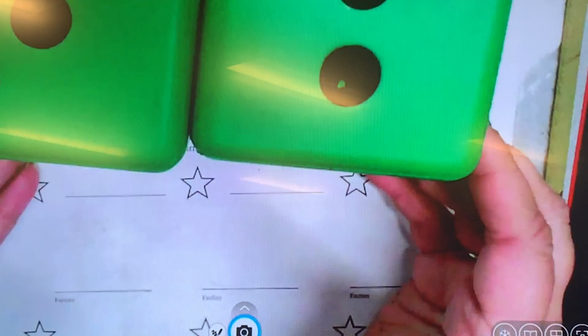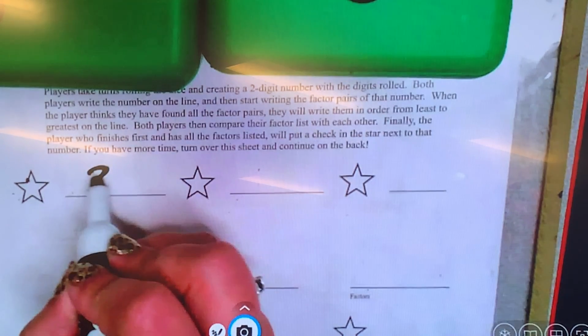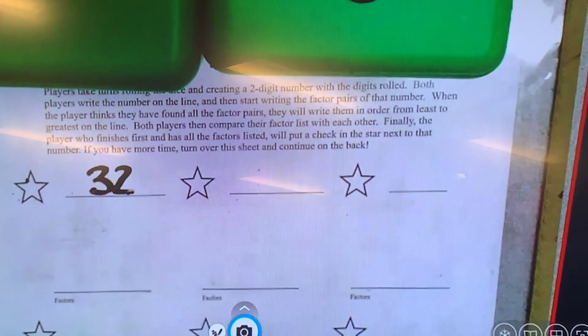So I am going to write 32 on this line, and then I'm going to list out my factors of 32. If you're playing against somebody, you see who can do this the quickest. If it's just you, that's great.